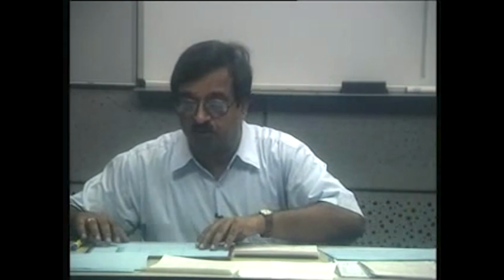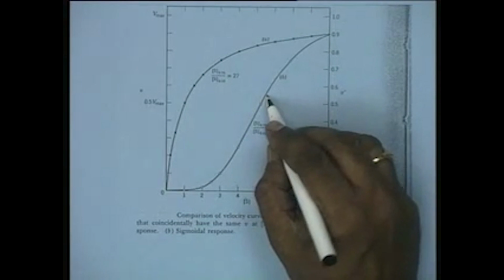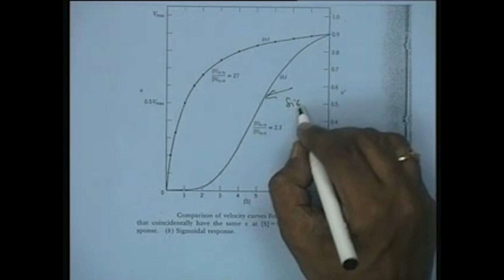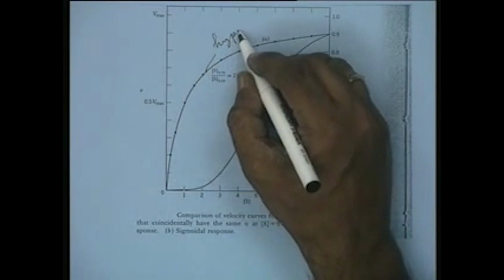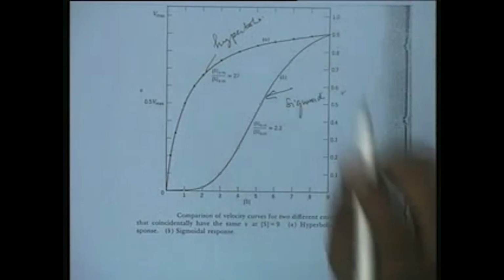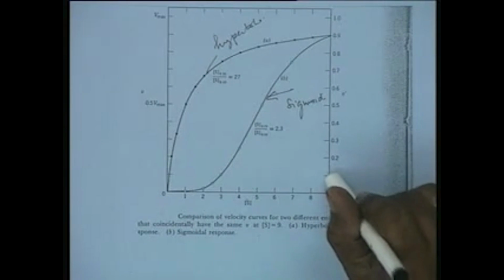If you just compare the two kinds of profiles, this is a sigmoidal profile, this is a hyperbolic profile. I mean, it is for a hypothetical two different enzymes which are coincidentally having the same velocity at a substrate concentration of, let us say, some 9 arbitrary units.